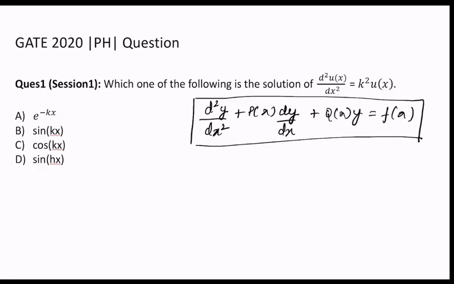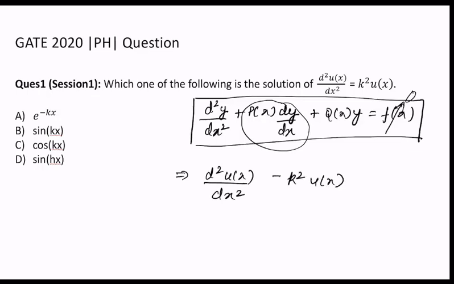In our case this is a second order homogeneous differential equation with constant coefficients. That is, we don't have any f of x over here, so f of x is 0, and also we don't have the p of x term in this differential equation, but we have d square u of x by dx square is equal to k square u.